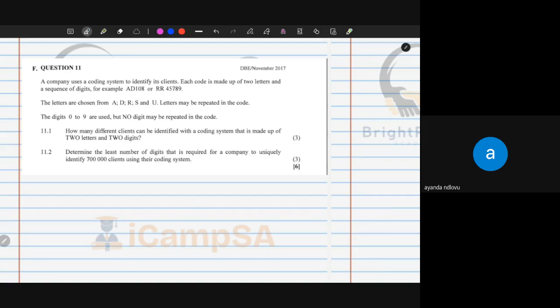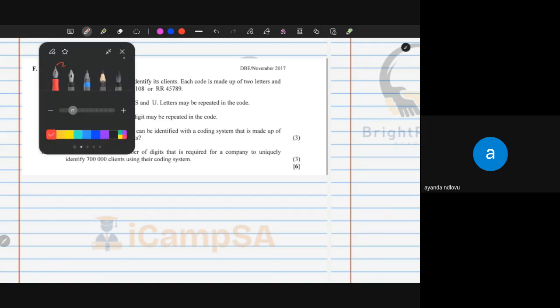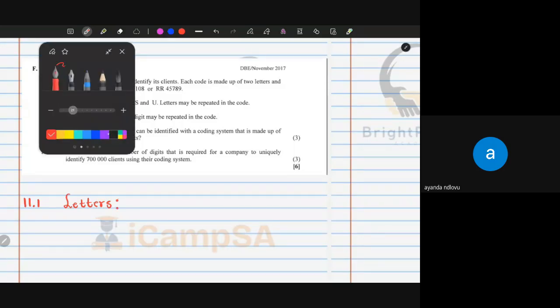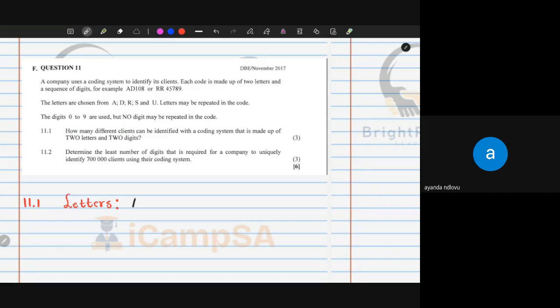Let's get to it, guys. So what we are going to do is we are going to look at the letters first. So 1.1.1, we are going to focus on the letters. So for the letters, guys, we have the letters A, D, R, S, and U. And in our problem, they say we must have 2 letters.